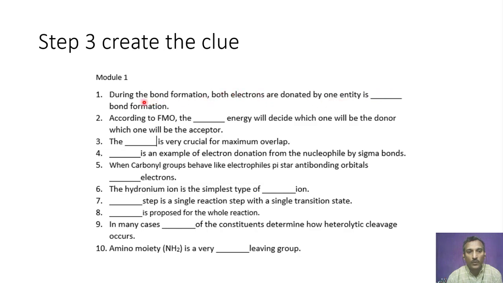If you look at the first one: during the bond formation, both electrons are donated by one entity is dash bond formation. The student has to answer heterogenic bond formation. This way, we first create the words that will go into the crossword puzzle, then the clues. Both are created from the single statement.